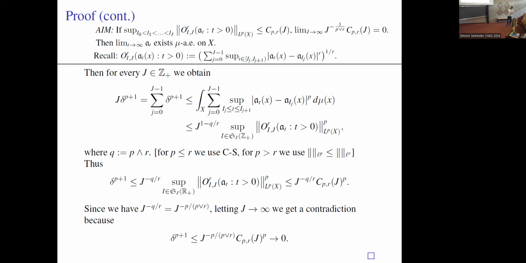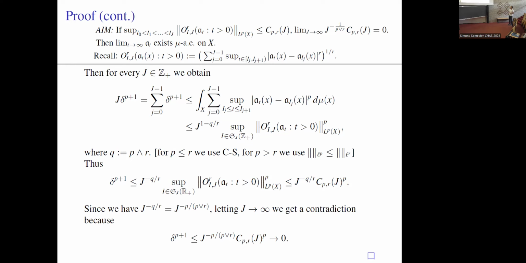And then what we will get is this J to the power 1 minus P over R. But Q is the minimal element of P and R, so in this case it's P. On the other hand, if P is greater than R, we just use the fact that l^p norms are nested. So just trust me that it can be easily checked that we have this estimate here. Right?